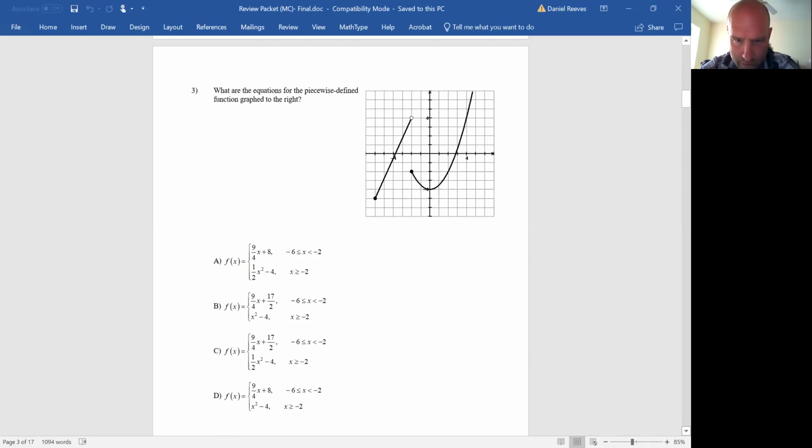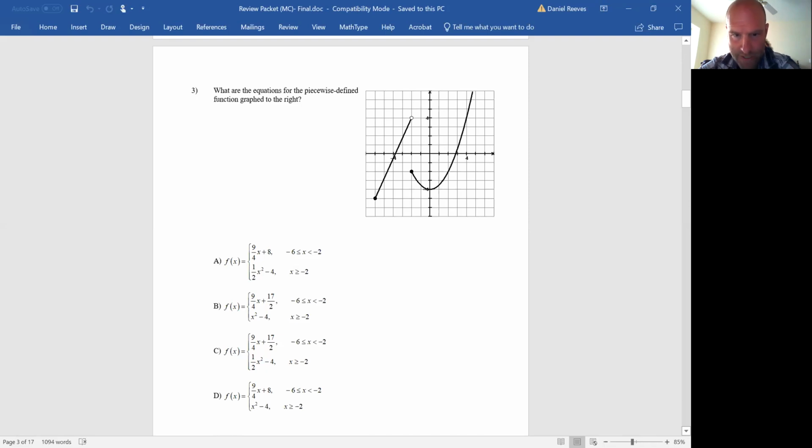And the other difference is, I'm looking for it, whether it goes 1/2 x squared or x squared. It does in fact go 1/2 x squared because for x squared, when I start at the vertex, I would move over 1 and up 1. For 1/2 x squared, you don't. So I like the ones which have x squared in it. So I'm looking at either B or D.